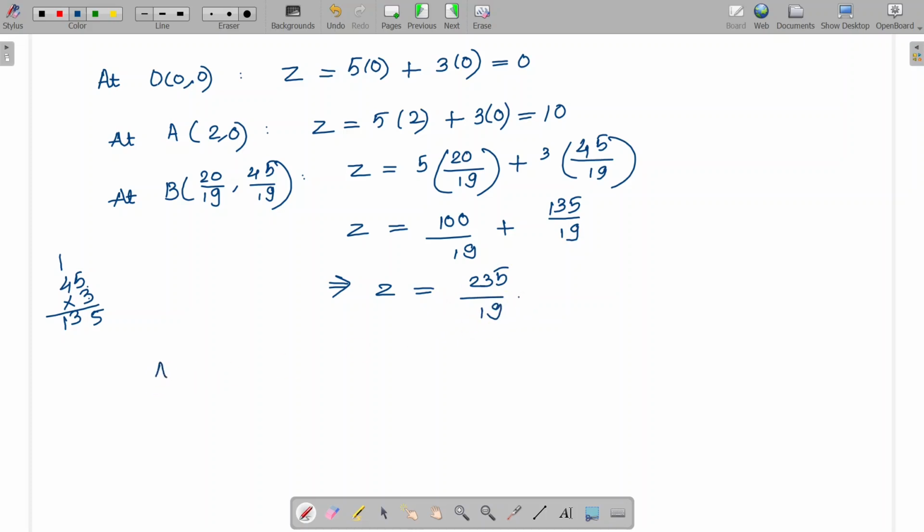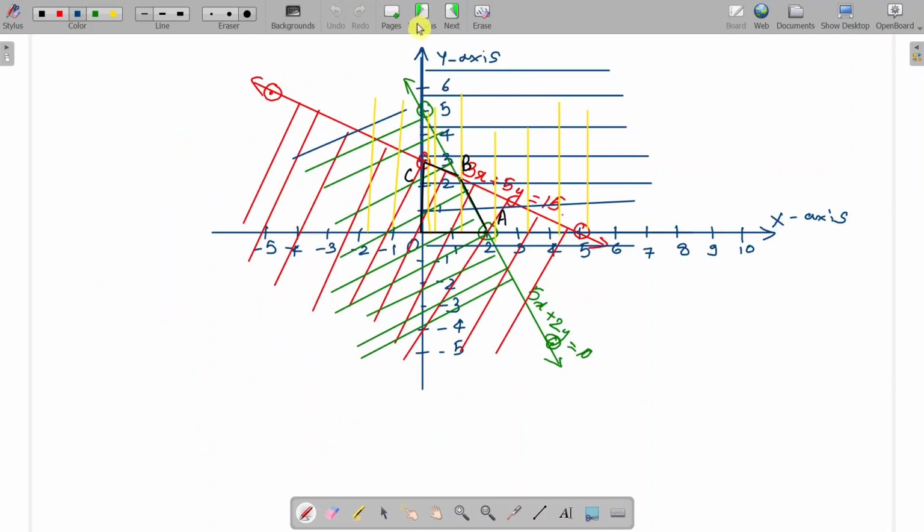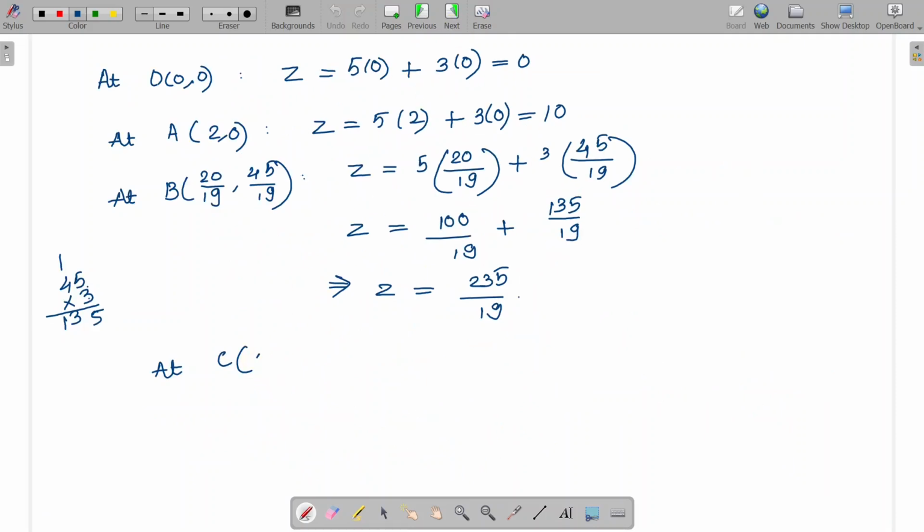And at C, which is 0, 3, what is z? z is 5 times 0 plus 3 times 3, so that means z is 9.